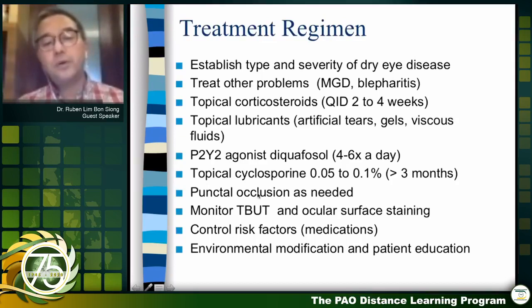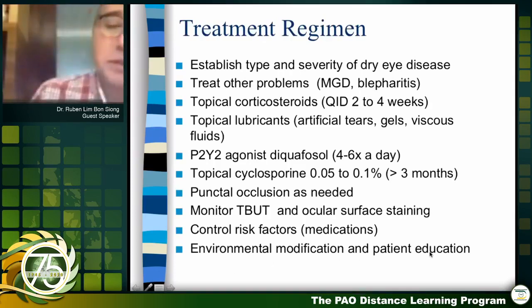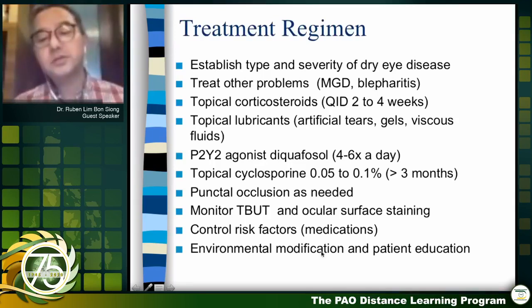On follow-up, you always monitor the tear breakup time and the staining patterns. And don't forget to control risk factors, like medications that have to be changed or stopped or discontinued. Very important now is environmental modification and patient education, because a lot of times it's just really bad habits.